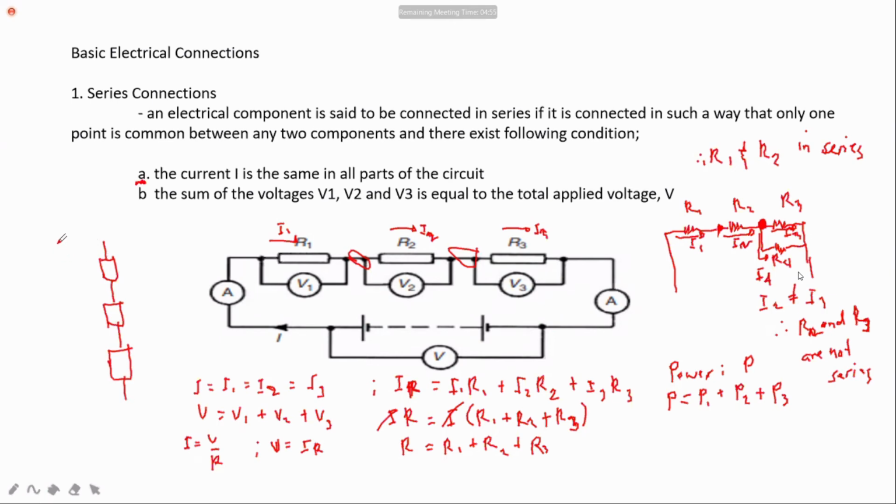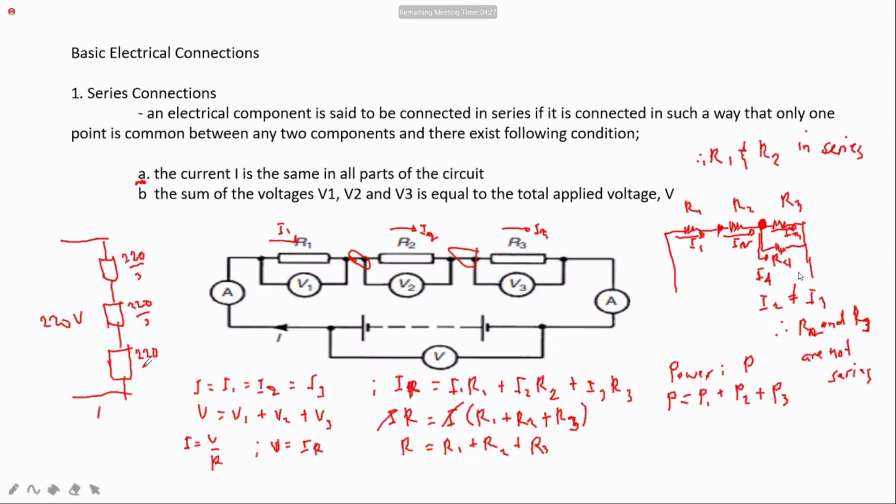Assuming they have the same wattage, if they are connected in series and you have 220 volts supply here, how much will be the voltage per lamp? If they are identical, each lamp will only receive a third of the supply voltage, so 220 over 3.